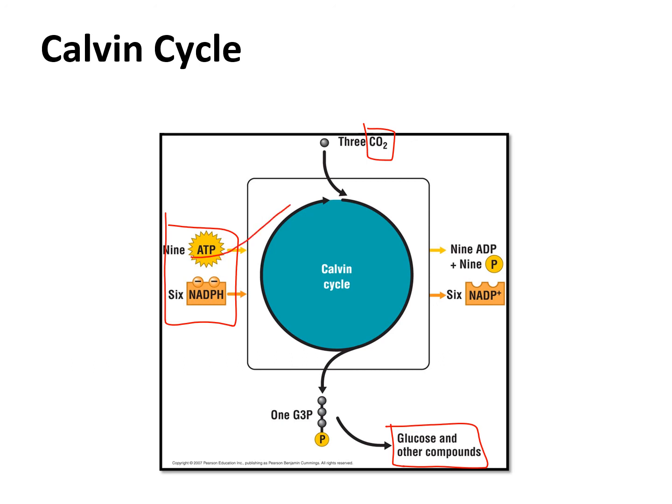So this energy goes into this process, and then that energy is used to convert the carbon dioxide into glucose. And this is called a cycle because it's a cycle of enzymatic reactions, and a basic subunit gets recycled. So that's why we call this the Calvin cycle.